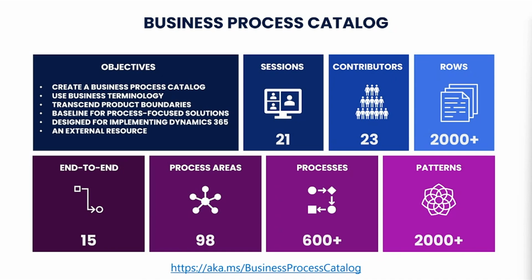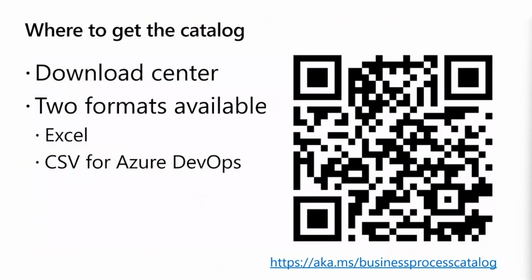You can access the catalog by using the aka link that you see here on my screen, aka.ms/businessprocesscatalog. We'll be doing a demonstration of this shortly for you. It's important to note that we have actually moved the location of the catalog. That aka link is the way to get there. The QR code that you see on my screen here on the right is the QR code that you can use to get directly to that link.